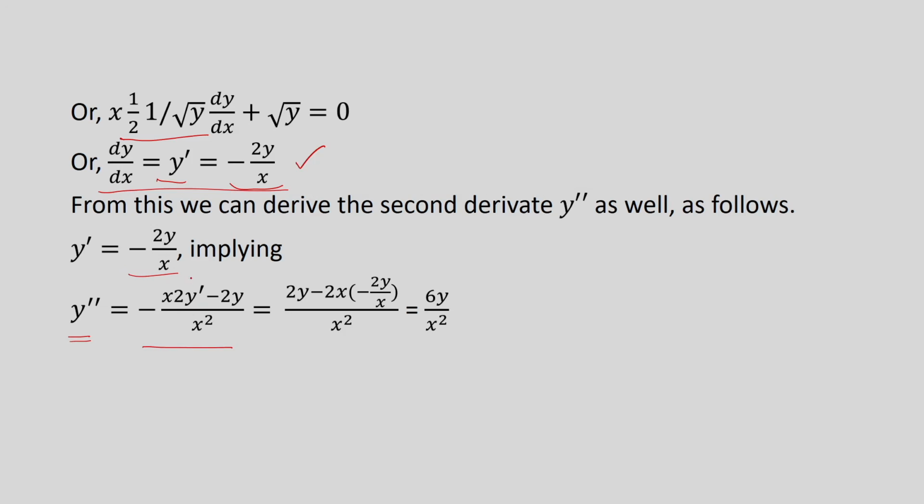So, 2y that I differentiate with respect to x, I get 2y dash, minus the numerator multiplied by the derivative of the denominator, which will give me just 1. And what is y prime? So, y prime is substituted from here. So, I include that here, and if I simplify this a bit, I will get this expression 6y divided by x square.